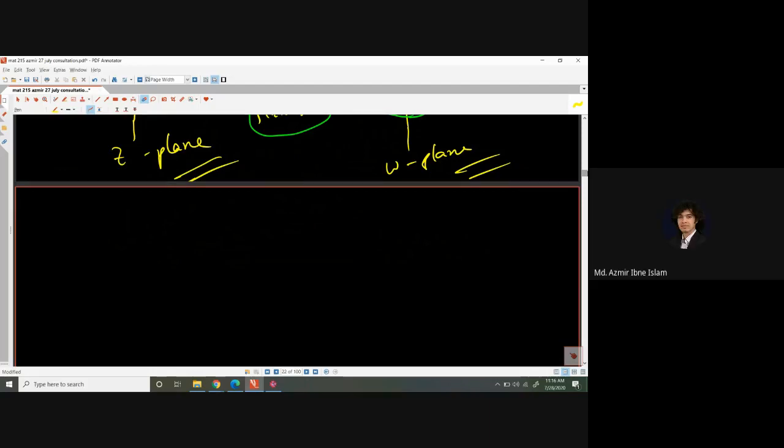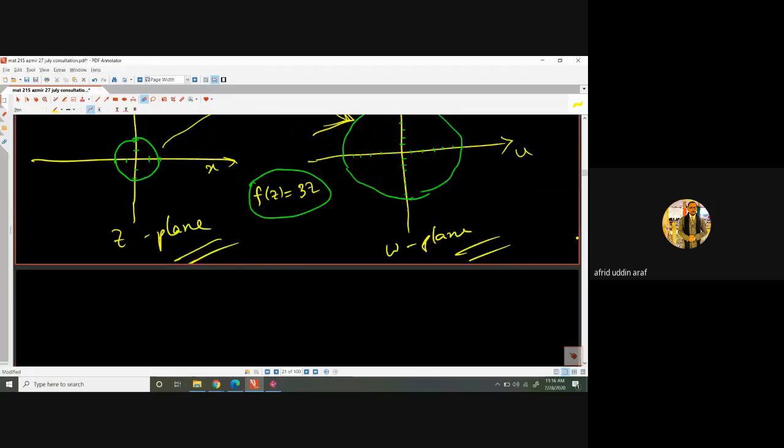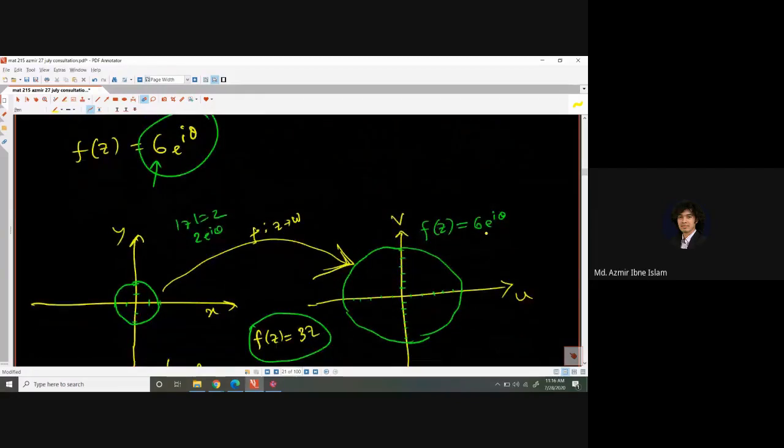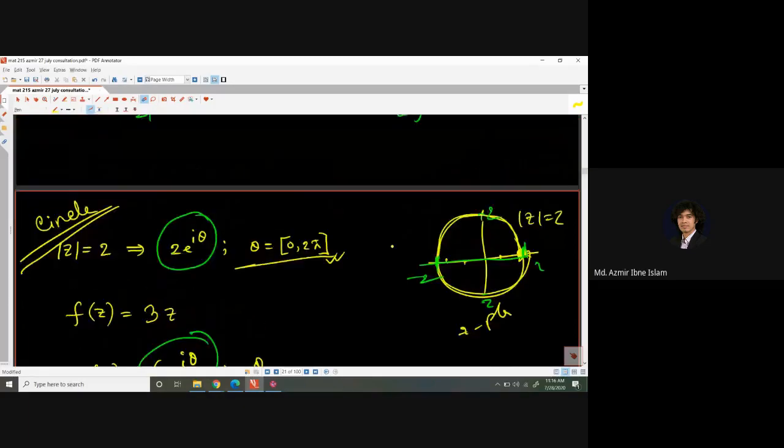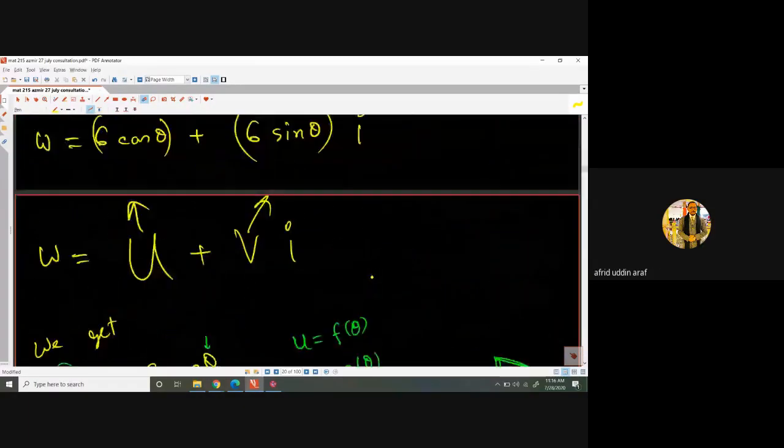Sir, I have a question. When you are calculating in polar form, the theta will always be the same, just like in the z plane? No, if we don't know that the equation is a circle or not, then there will be a problem. But then it will be better if we do it in Cartesian form, right?